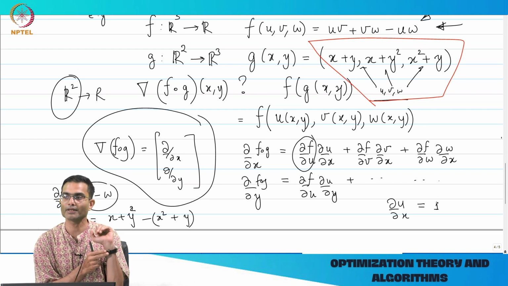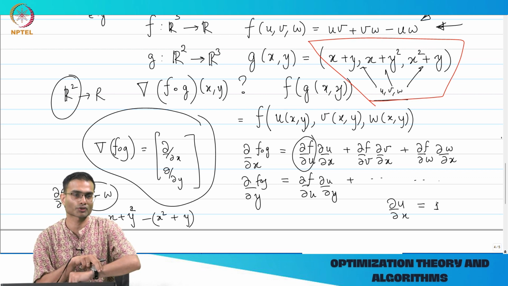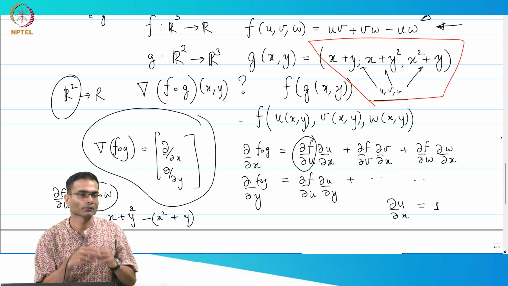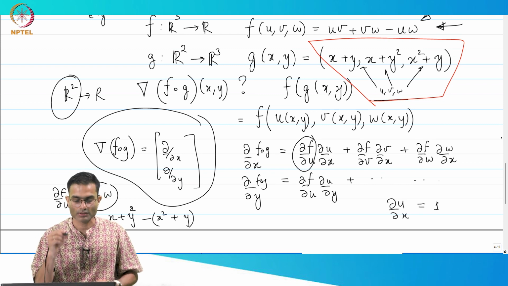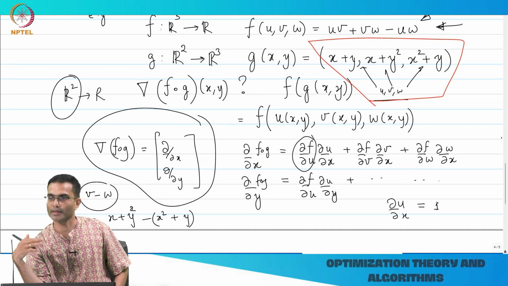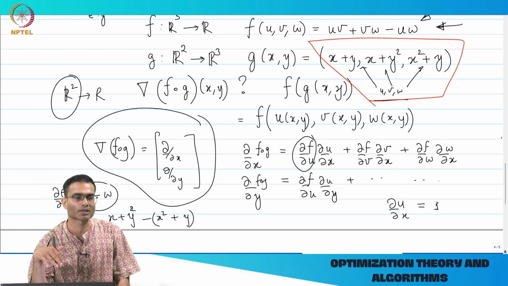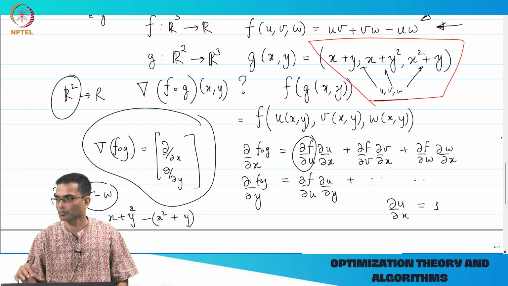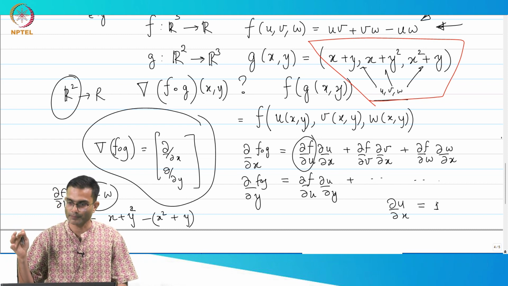So pretty straightforward. You just have to keep your variables straight. Keep in mind, finally, what should appear in the expression? Only x and y, because this R3 in between was just an intermediate variable, the u, v, w. We needed to eliminate it. If you want, you can substitute in terms of u, v, w, but then to get the final answer, you have to get rid of it.